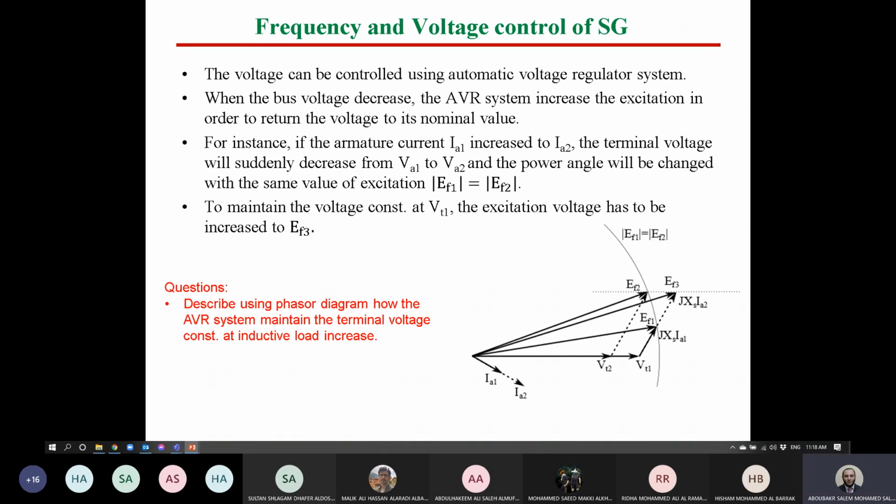So what is the aim or purpose of the automatic voltage controller? The purpose of the automatic voltage controller is to increase the excitation value such that the terminal voltage is kept constant. So at case EF3, we increase the excitation value with the same value of current.